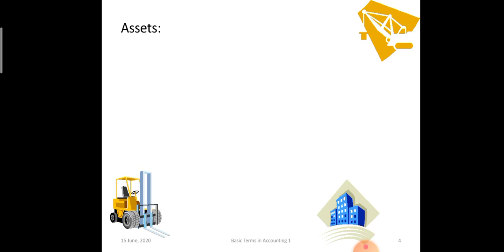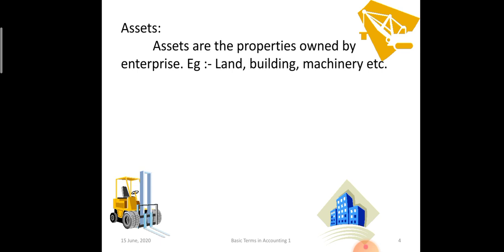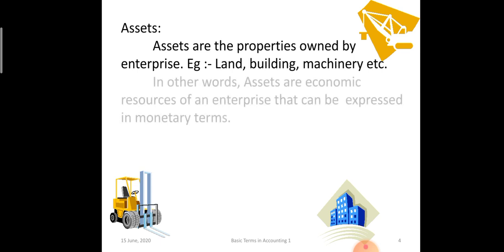Now let's see the definition of this. Assets are the properties owned by a business or enterprise. Examples are building, land, machinery, vehicles. All of them are properties and they are owned by someone and they have some value and they will give benefit to the business in future.